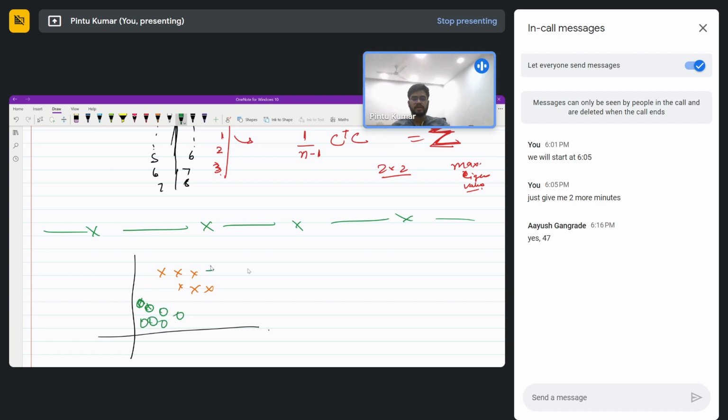Let's say one is of type +1, another one is of type -1. Now let's say you have something like this, and this. So now you have two different scenarios with you.